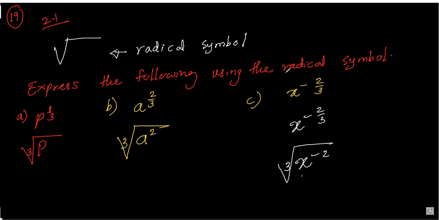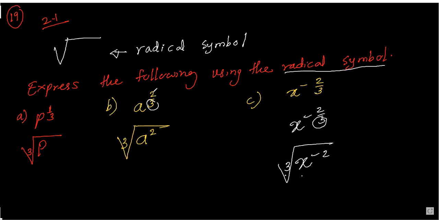They are asking us to write the radical symbol. When we are writing radical symbols, look at the below line. This is the hook of this radical sign. Then this remains as a power here, x to the power minus 2. Here also 3 is coming to the hook of this radical sign.